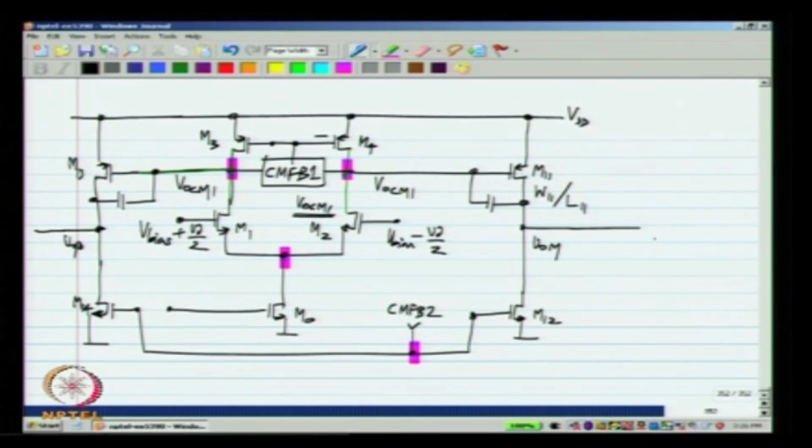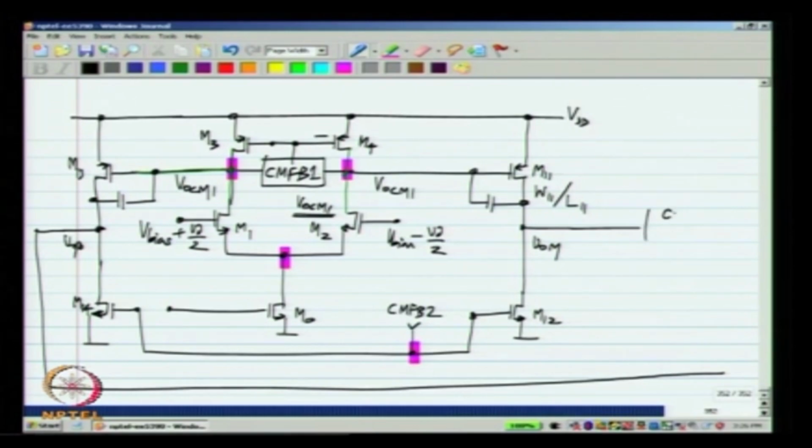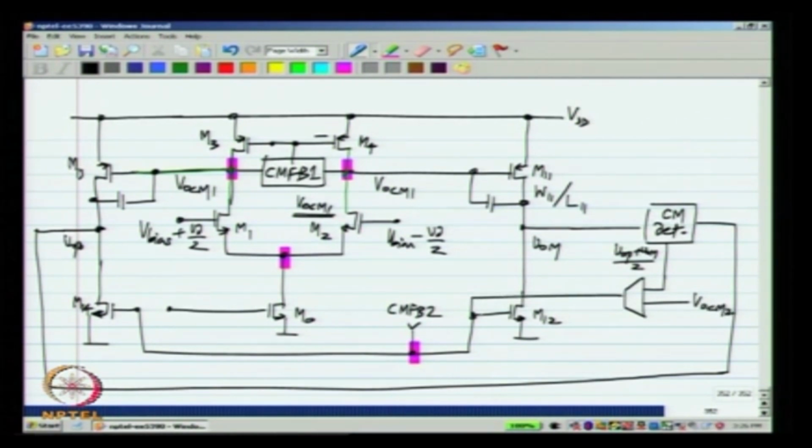What we need to do is to detect the common mode of the second stage. That will give us VOP plus VOM by 2, and compare that with the desired common mode voltage VOCM2 and apply it to CMFB2.